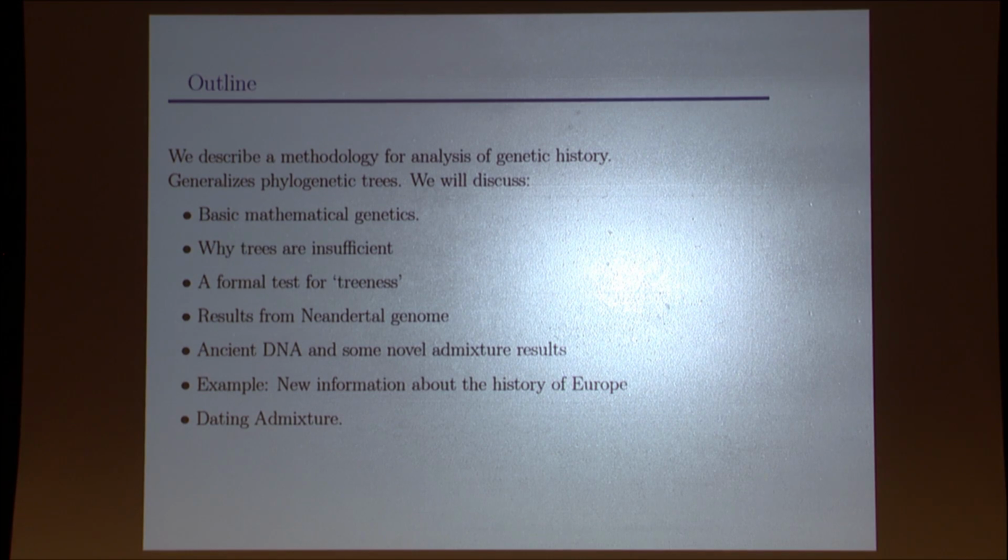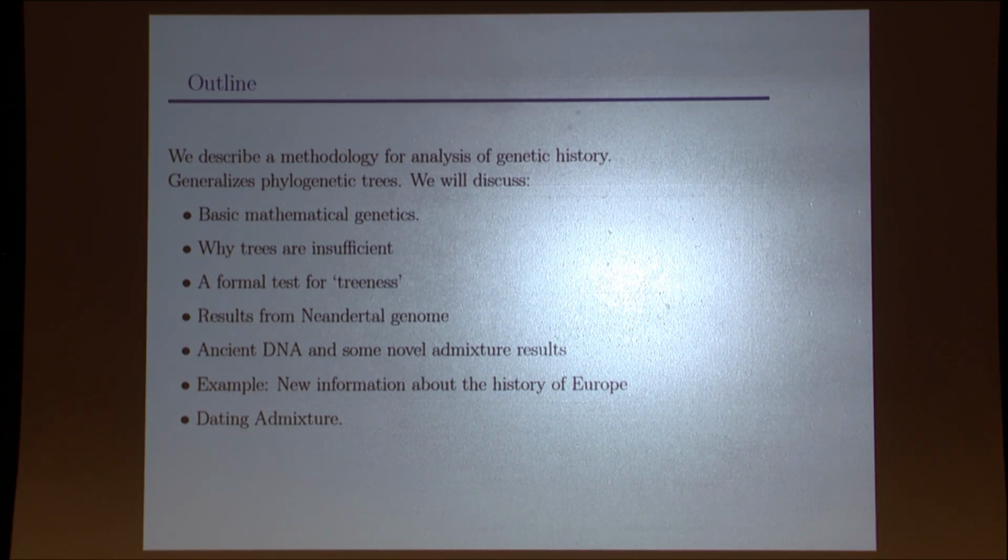I want to talk a little bit about ancient DNA and some results on admixture. Admixture is when two distinct populations come together, mate, and produce an admixed progeny. And I want to give an example about the ancient history of Europe.